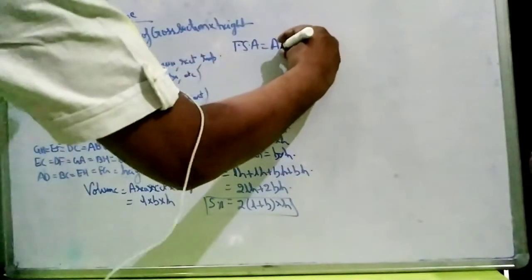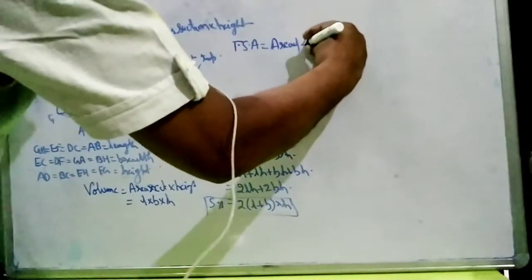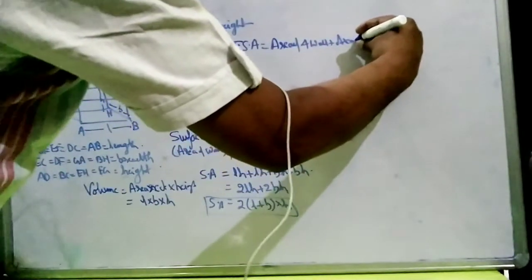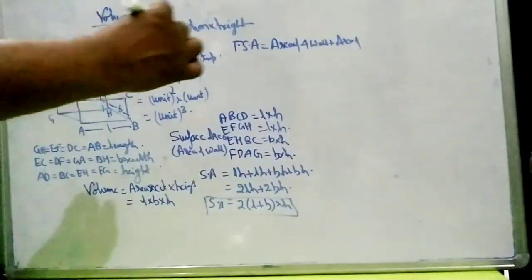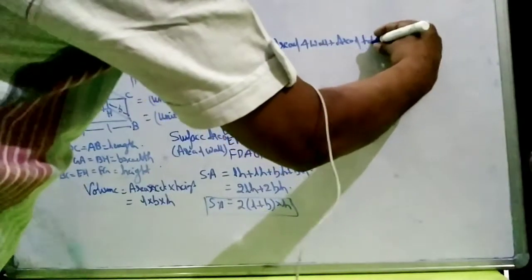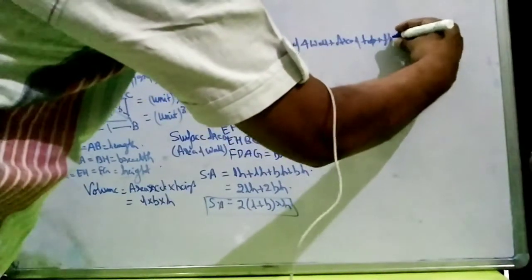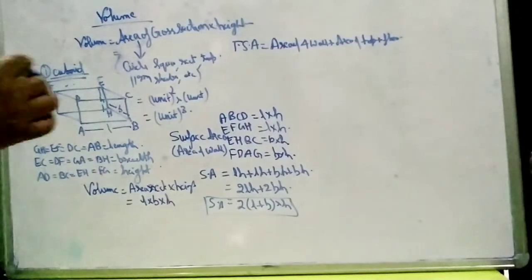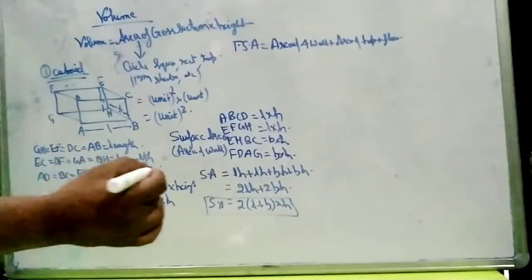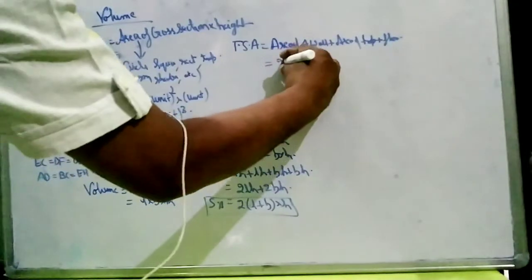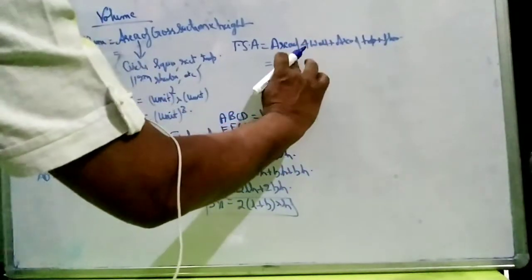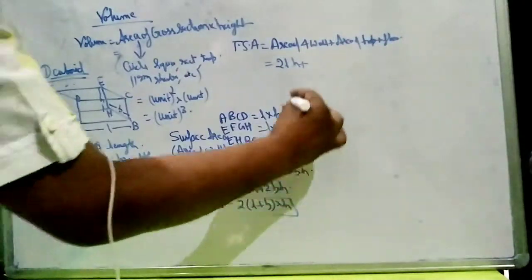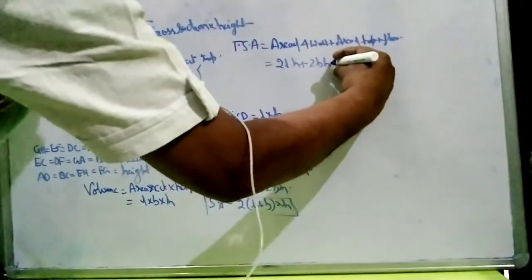Area of four walls we know is twice length height plus twice breadth height.